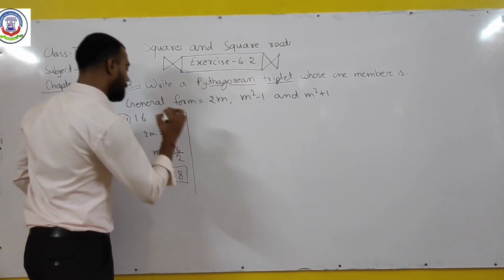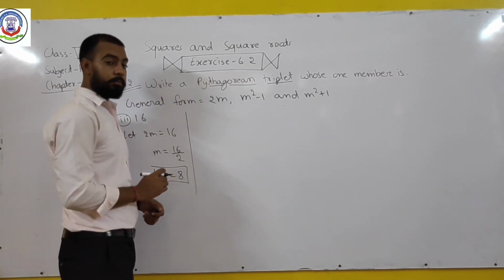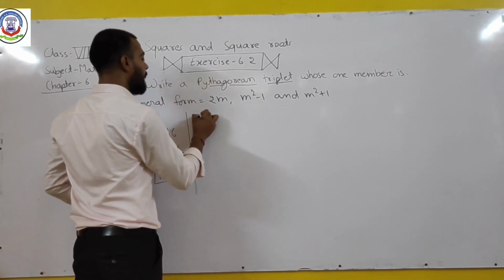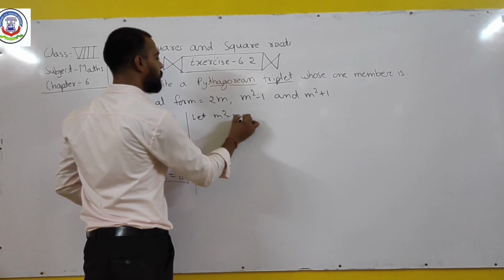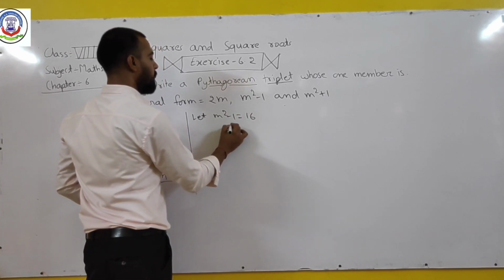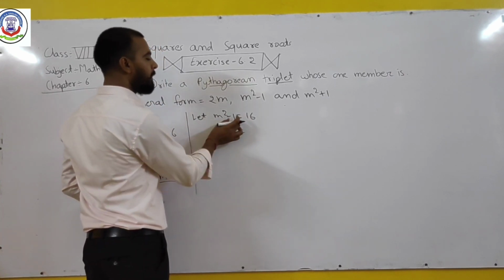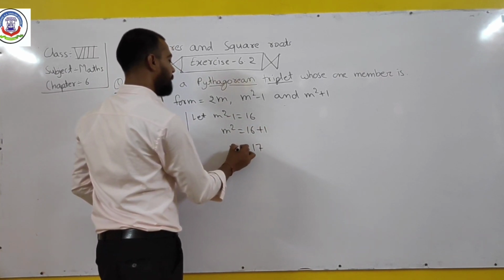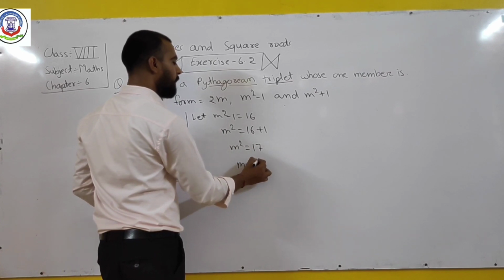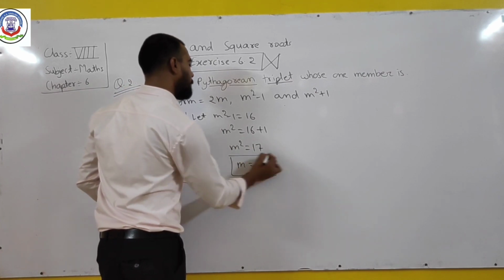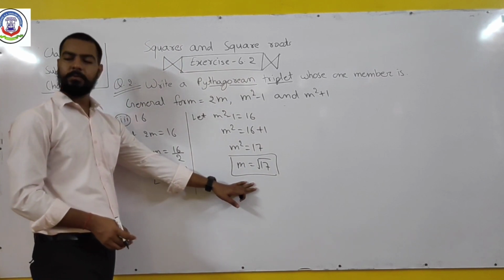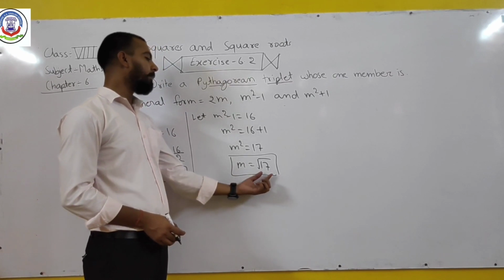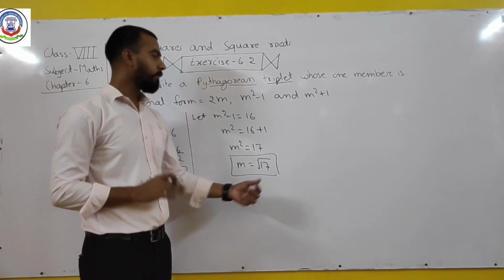Okay, then suppose 16 is the second member. Then we have to write m square minus 1 is equal to 16. Take this minus 1 there and it will be plus 1, so it will be 17. And the square root of 17 is root 17, which is not an integer. That means the value of m cannot be root 17. Okay.